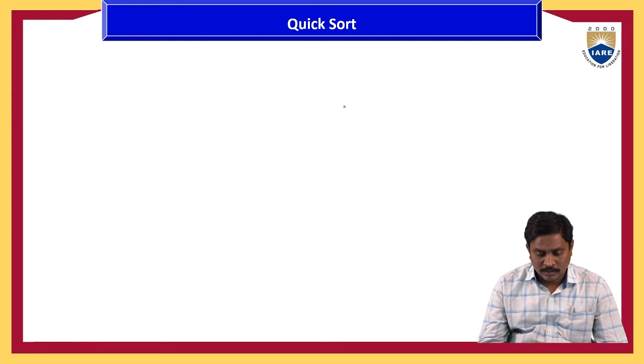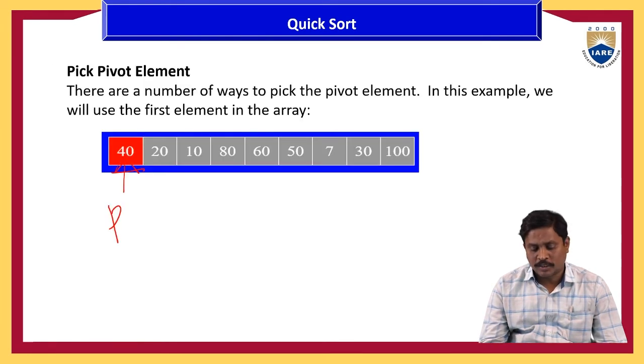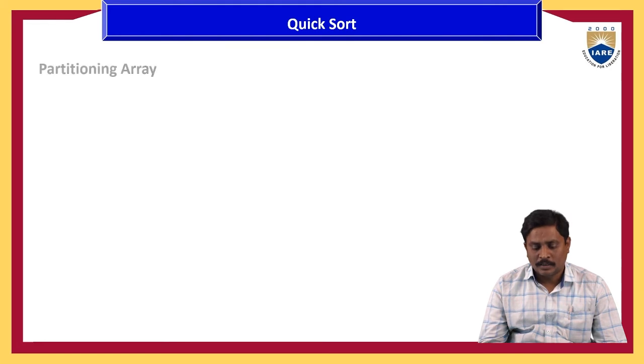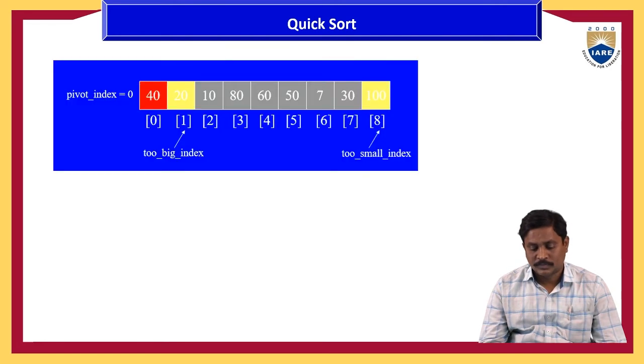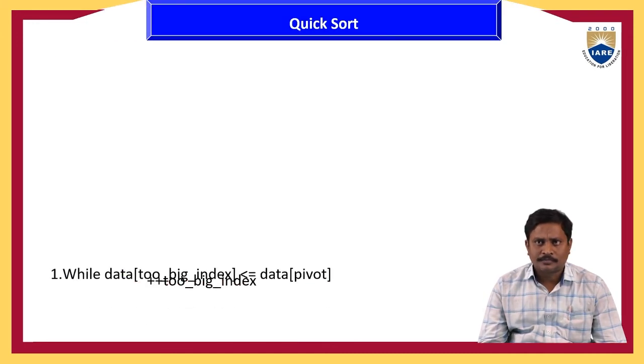Here we see these are the elements. The second element is 20. Now comparing with the last element 100, 20 is less than 100. So they are in ascending order.